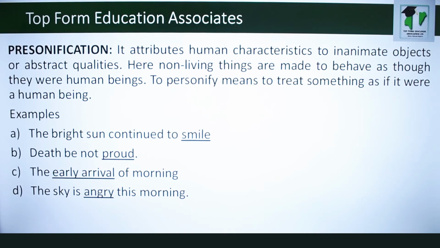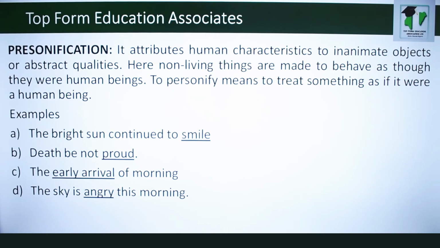That's why I said a non-human being wearing the clothing of a human being, acting like a human being, when you know that such objects do not have a mouth or hand or leg to do all those. For example, example A: the bright sun continues to smile. You can imagine that. The sun, of course, is an object.